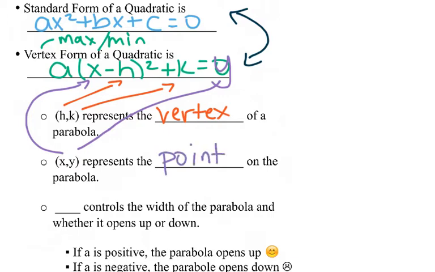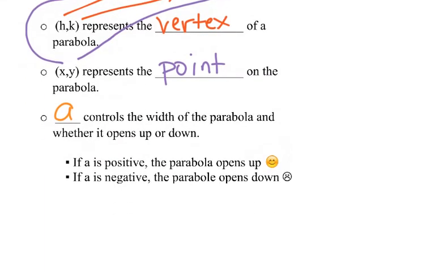And then the little a value just controls the width of the parabola and whether it opens up or down. So if a is positive, the parabola opens up like a smiley face. If a is negative, the parabola opens downward like a frowning face.